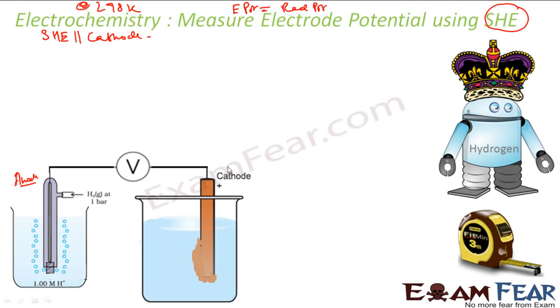Now if I keep this as my cathode, which is where reduction happens, then E cell, whatever we will get from this, is E reduction, that is this value, minus E oxidation, that is this guy, the anode, and that is nothing but 0.